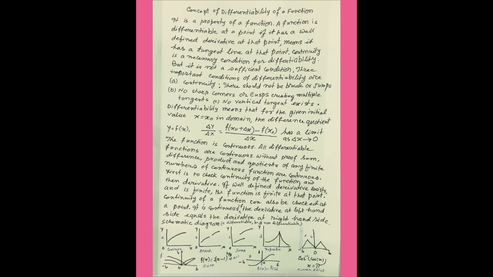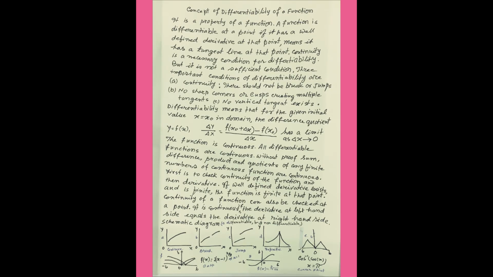Third, no vertical tangent exists. And differentiability means that for the given initial value, suppose x is equal to x naught, where x naught is the initial value in the domain of x and y.